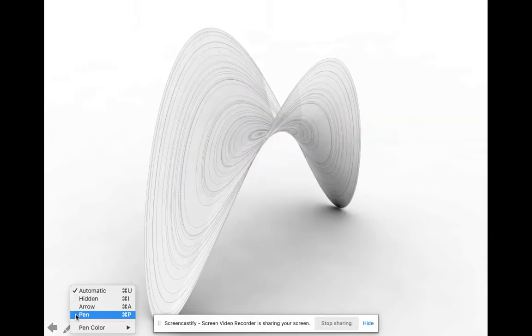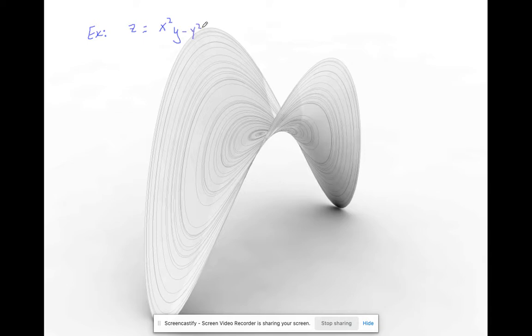So let's do an example. Suppose I had a function z in terms of x and y where it's x squared y minus y squared, but x is defined to be sine of t and y is defined to be e to the t. And I want the rate of change of z with respect to t.